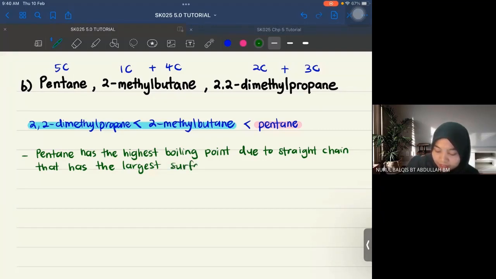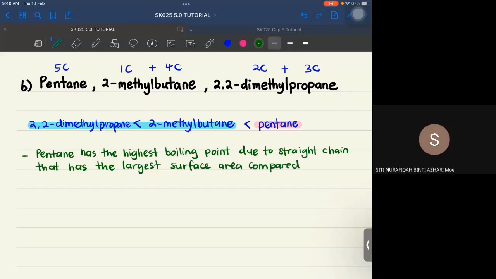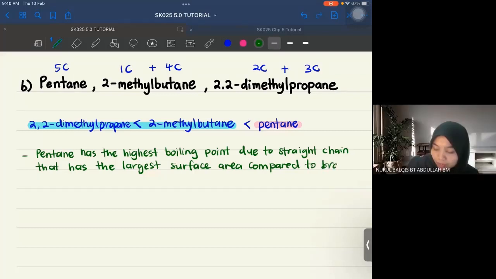Largest surface area compared to branched compounds. Lepas tu cerita siap-siap apa yang akan jadi.